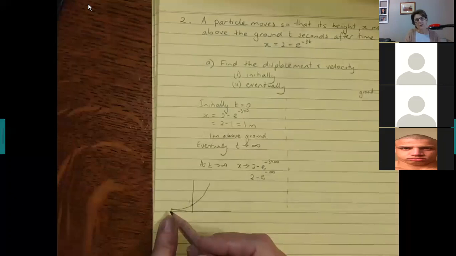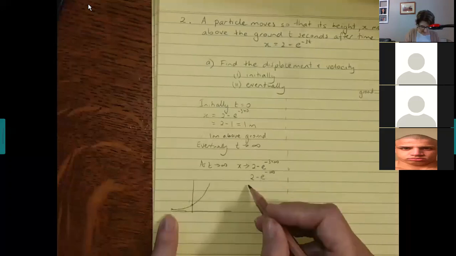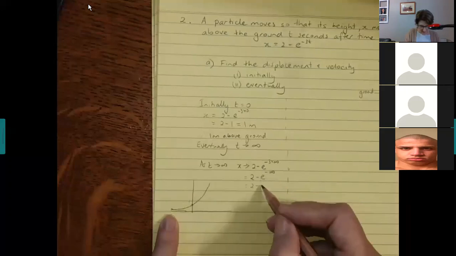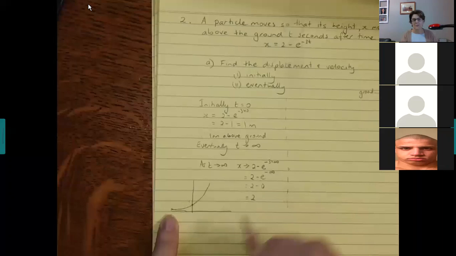Where are we approaching? We're approaching 0, right? So that means that is 0. So we have 2.